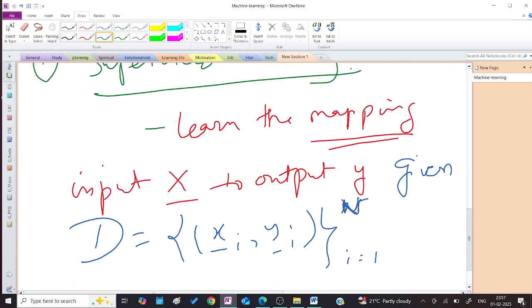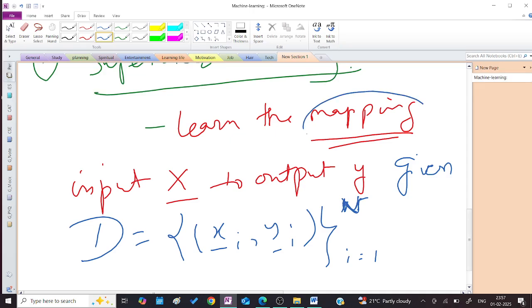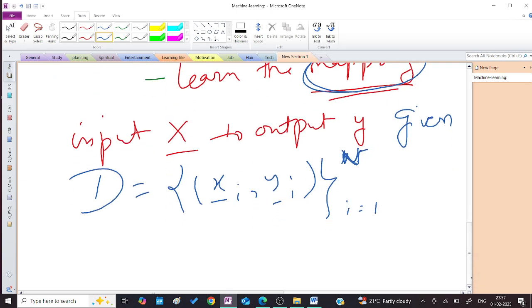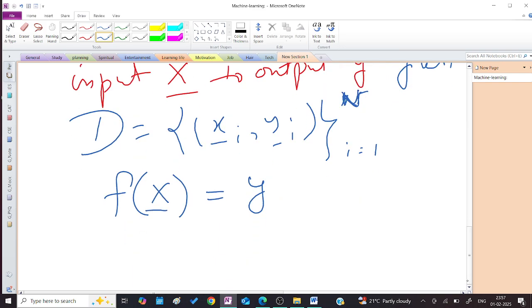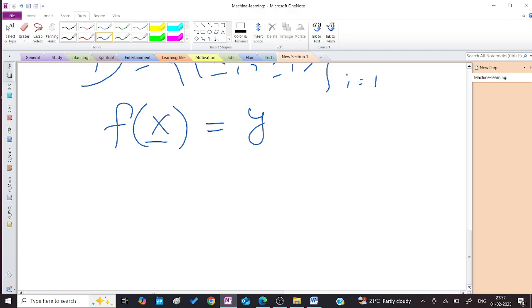So our objective is to learn the mapping which maps the input to give output. D we also call the training set.